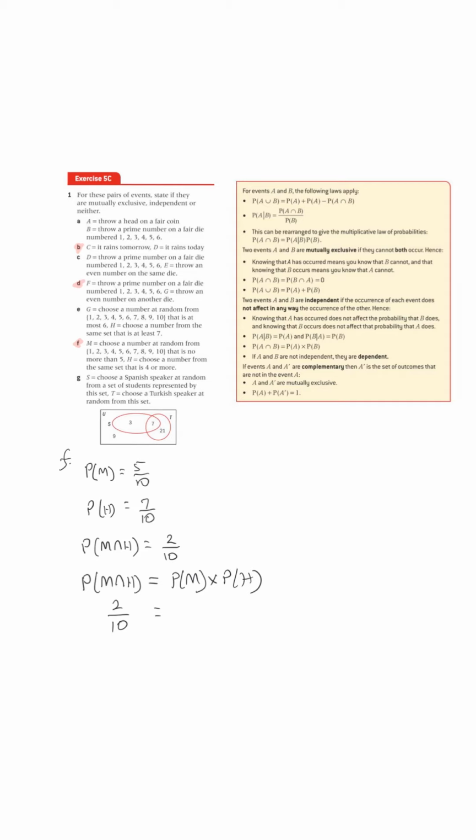So the probability of M is 5 on 10 times the probability of H is 7 on 10. That equals 35 on 100. And it's clear that the left-hand side does not equal the right-hand side, so they're not independent. They're not mutually exclusive because there exists an intersection. So that means the answer for number F must be neither. The answer is neither.